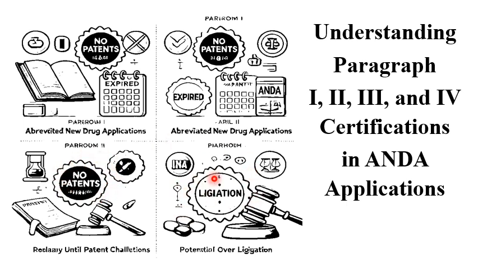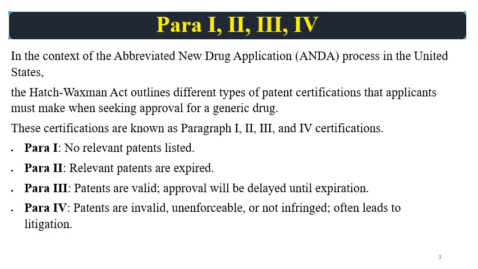And in para 4 the patents are there, patents are not expired, and the applicant wants to sell the medicine or market the medicine before the expiry of the patents also. So in upcoming slides we will see those differences.